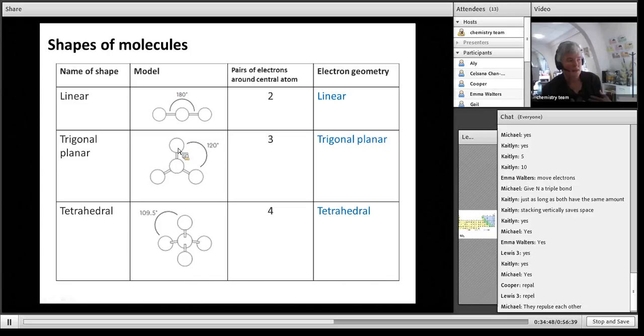I've got 3 areas of negative charge, so the electrons will repel each other as much as possible, so the furthest they can get from each other is 120 degrees. So it's trigonal planar, and so on. And remember, of course, it's in 3D, so this is where the tetrahedral comes up. It's not 90 degrees, it's 109 degrees, because it's not flat, it comes out.